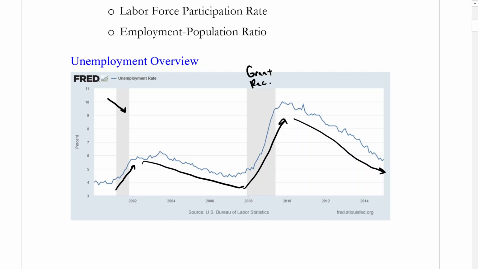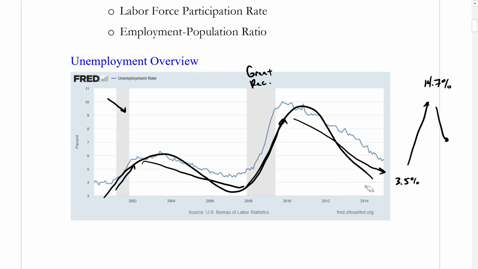We got actually as low as 3.5%, and then as high as, during the COVID crisis, 14.7%. And now it's been ticking its way back down again. So this is just a little bit of a look at business cycles, up and down and up and down. And so unemployment is going to follow pretty directly with GDP.